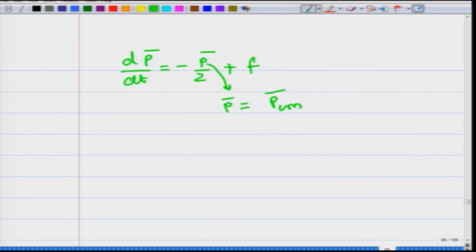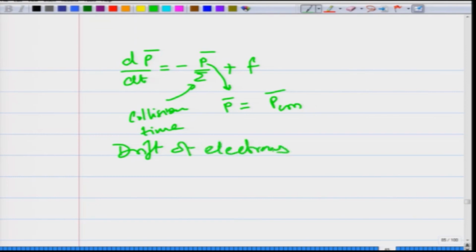So, tau is still the collision time scale, the time between two successive collisions, but now instead of describing the motion and the scattering of one single electron, we are talking of a drift of electrons, which are the electrons near the Fermi surface.